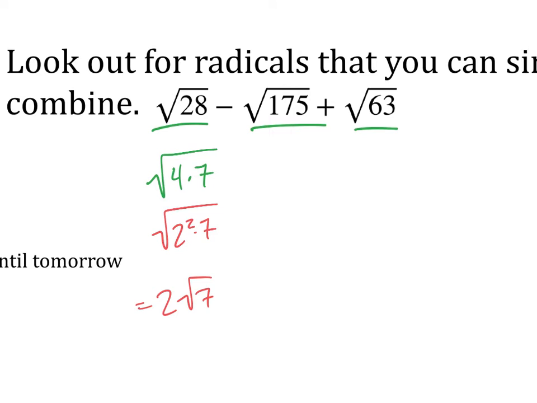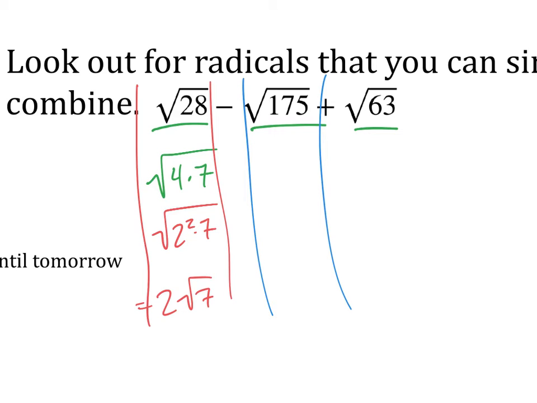Okay, so this is just this part right here. What about this part right here? Let's just deal with the 175, square root of 175. Well, 175 is 25 times 7. And so I could rewrite that as 5 squared times 7, which would be 5 square roots of 7.